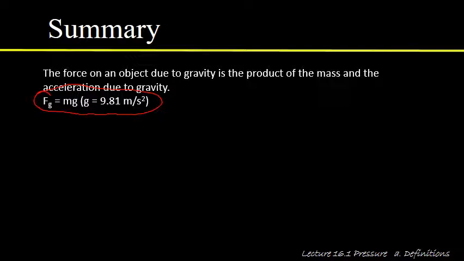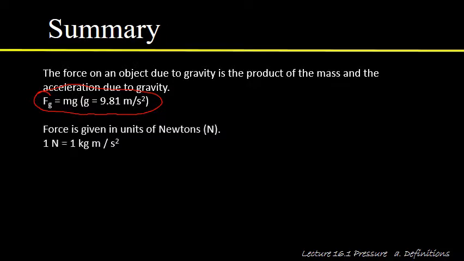And force due to gravity is the mass of an object times this gravitational acceleration constant. And when you multiply this out, you'll see this set of units, kilograms meters per second squared. This set of units is redefined as the Newton, which is the SI unit of force.